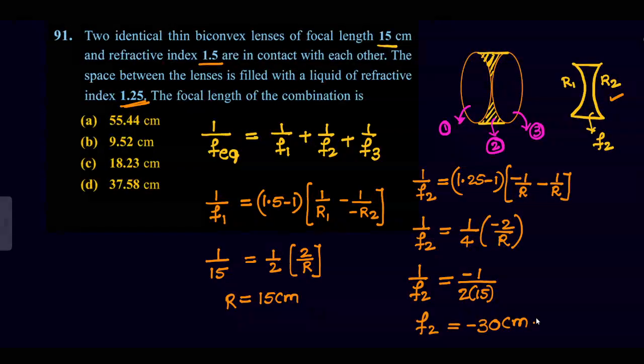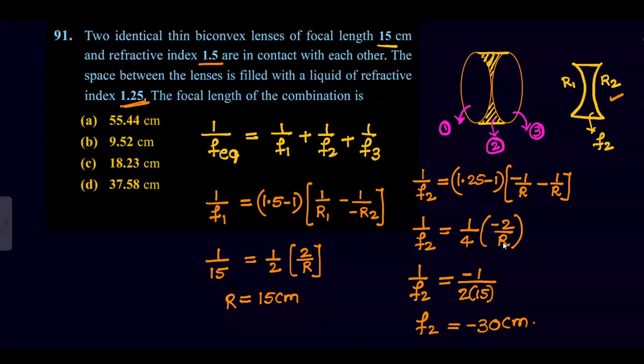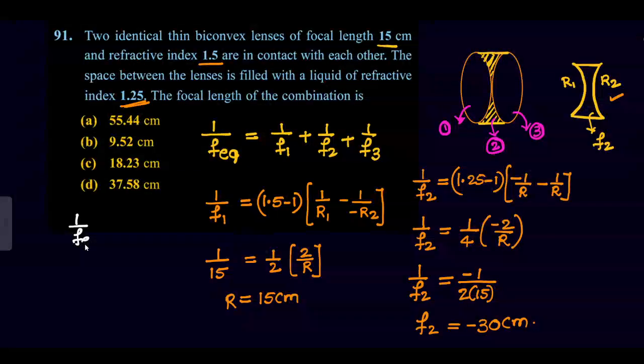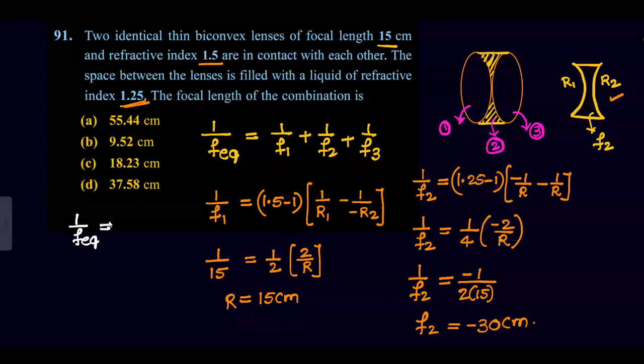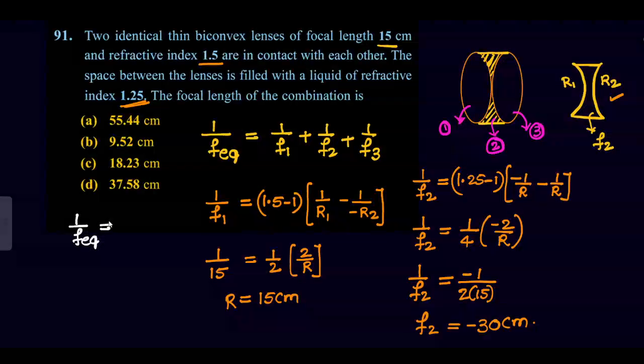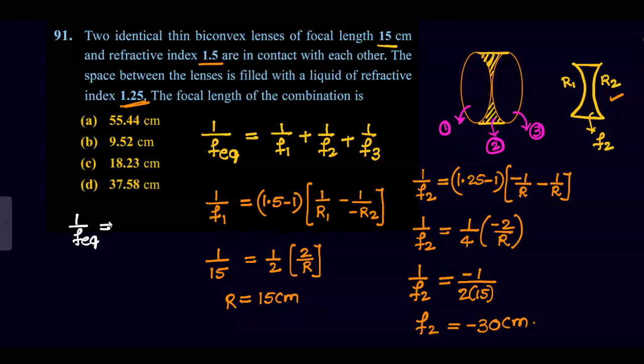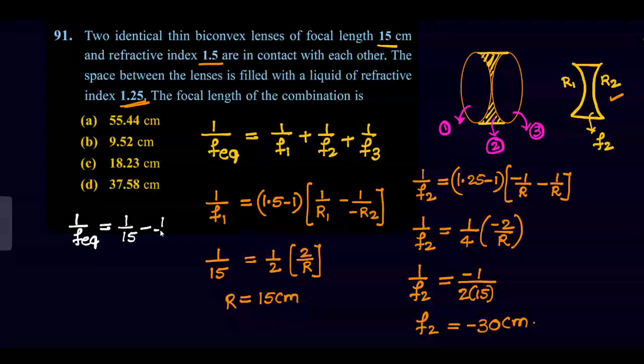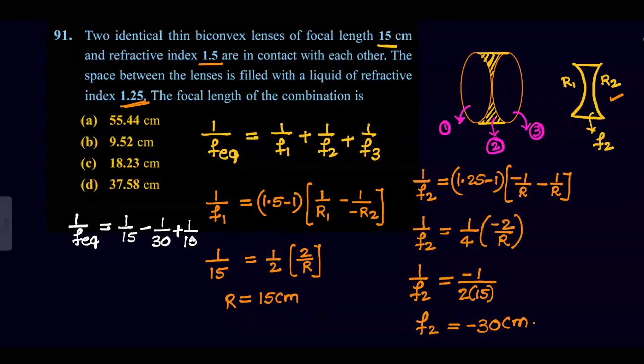Now we need to find the equivalent focal length of the whole combination. 1 by F equivalent is equal to 1 by F1, that is 1 by 15, plus 1 by F2, that is minus 1 by 30, plus 1 by 15.